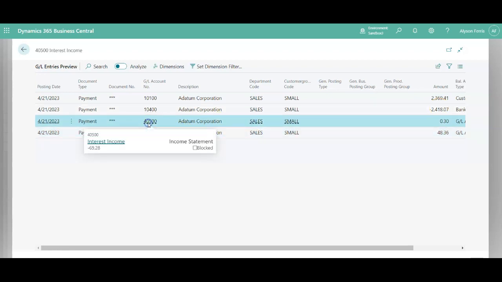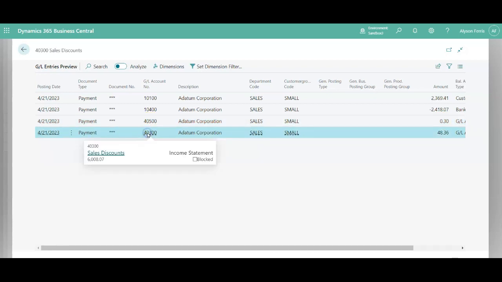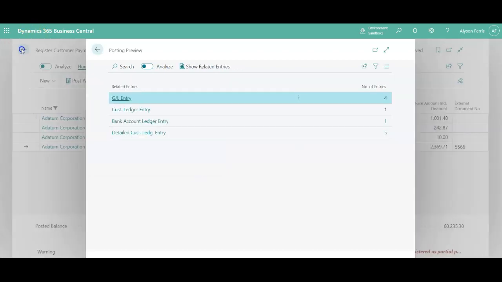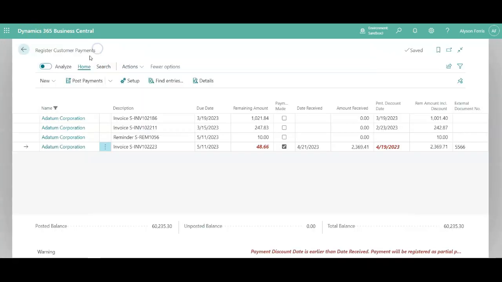We're going to debit interest income for the 30 cents the customer short paid. That's within our payment tolerance of the $1 maximum. And we're also going to debit sales discounts for the full amount of the invoice discount we allowed the customer to take. And that looks good, so I'm going to go ahead and post this.